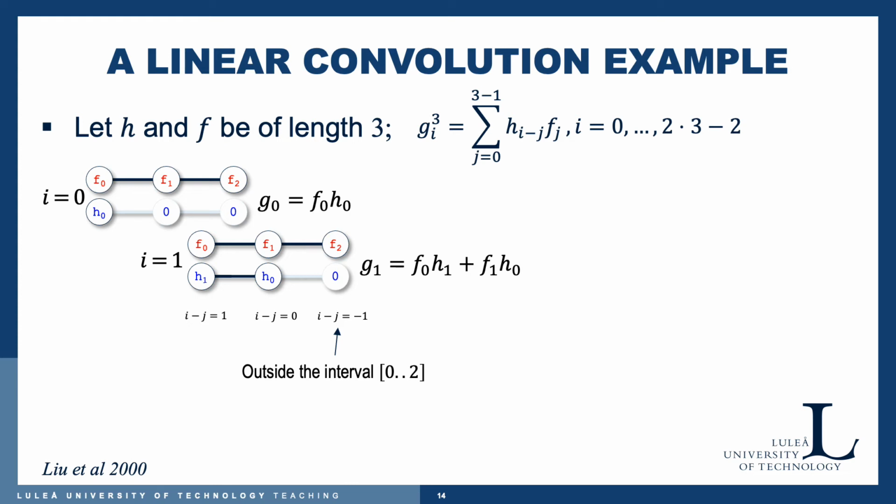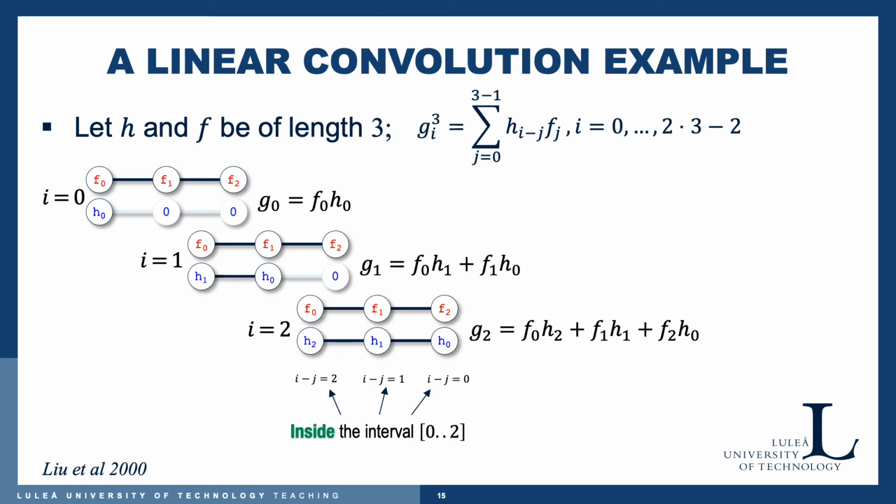And finally we consider j equal to 2, and then, of course, 1 minus 2 is minus 1, so we multiply f2 with 0, and it doesn't contribute to g. So g1 is just f0 h1 plus f1 h0.